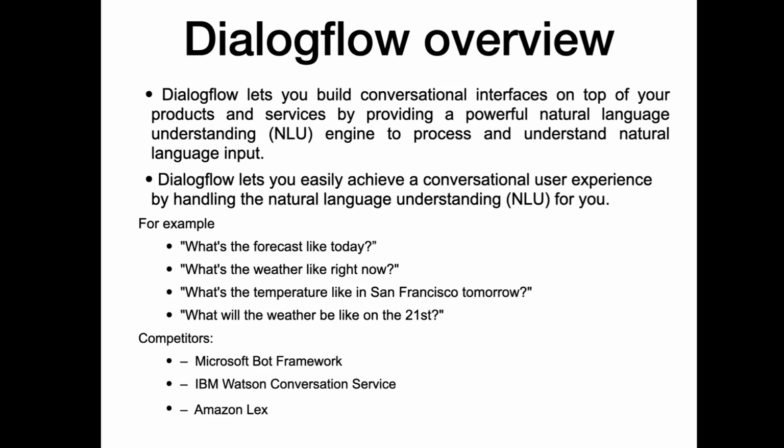Like you ask it, what's the forecast today? Obviously you're not asking for the weather explicitly, it's not mentioned in this utterance. But Dialogflow will understand, oh, you mean the forecast for the weather. That is its job. That's where the natural language understanding engine comes in.